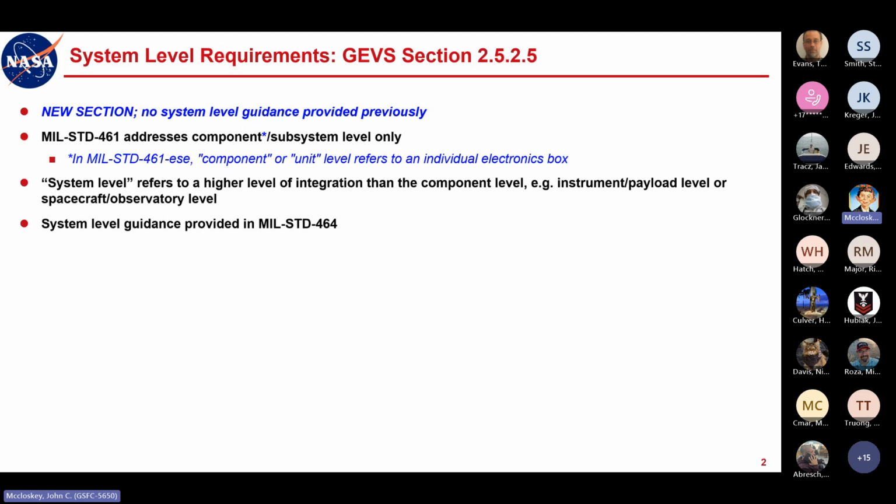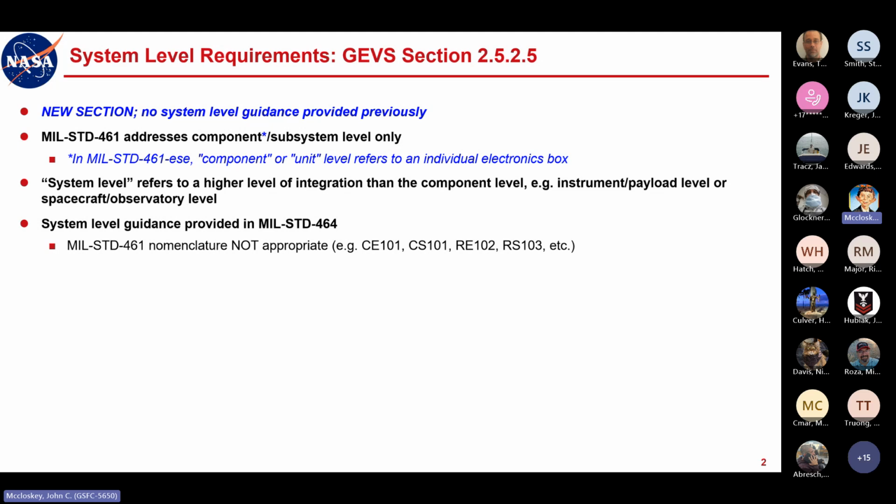But MIL Standard 464 is more general. There are a couple of specific things that I will point out that we do draw from, but just because it has that MIL Standard prefix and even the 4.6 prefix, don't assume that it's much of a similar document to MIL Standard 461. It's not really.